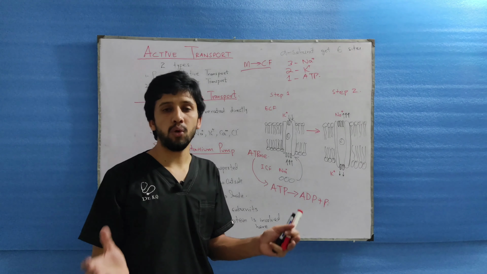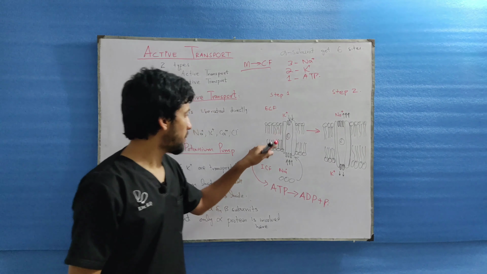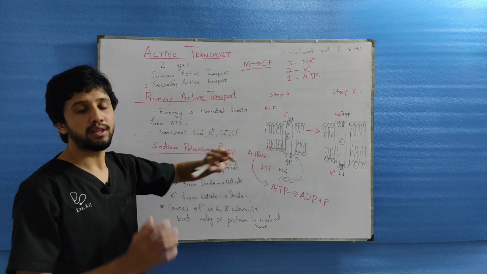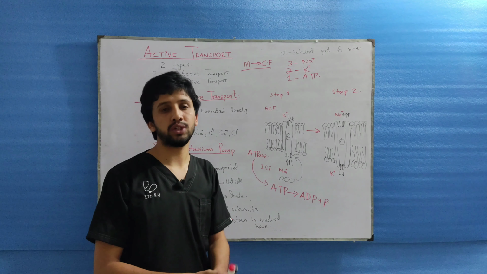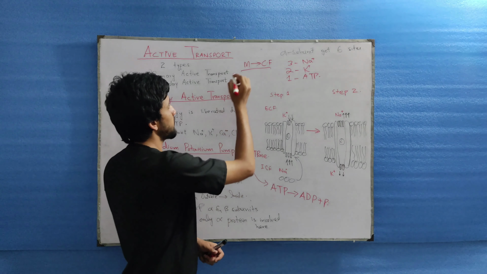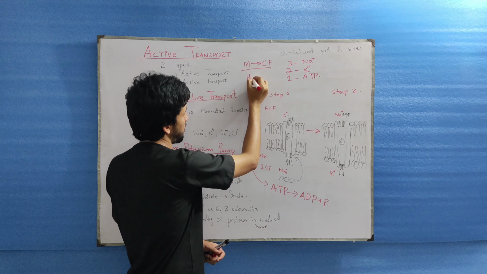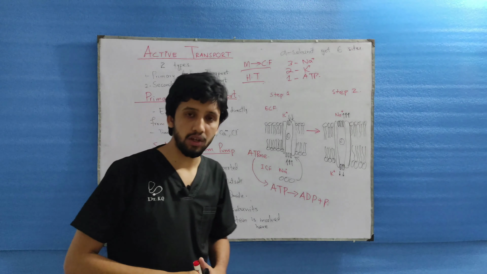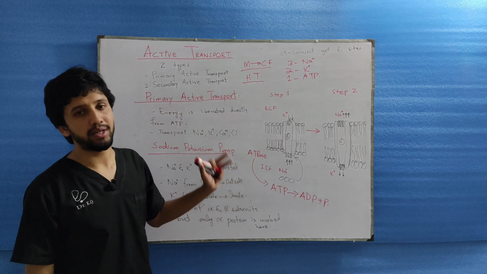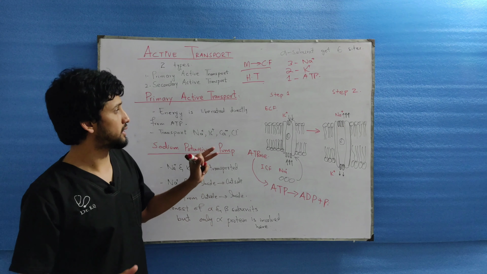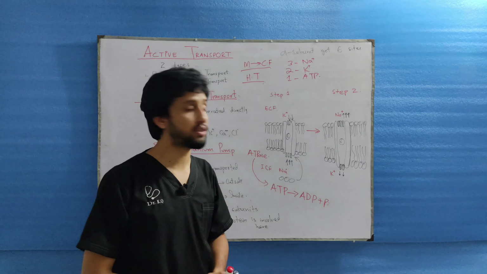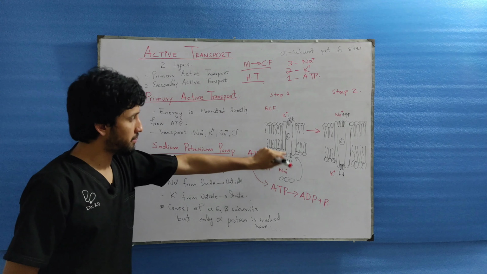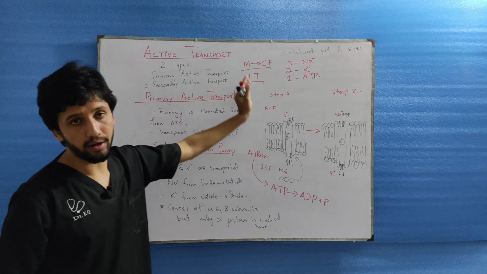Whenever there is a problem in the receptors of this pump, there will be more absorption of sodium, which results in the condition we call hypertension, which is very common these days. So these are the 2 abnormalities. There are others we will discuss later in different topics, but here the 2 abnormalities which are related to this pump are cardiac failure and hypertension.